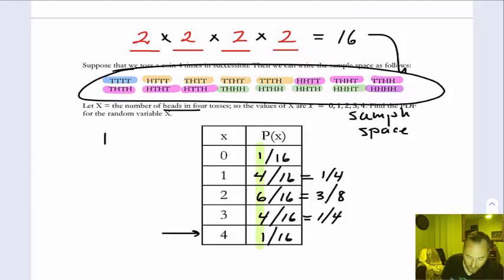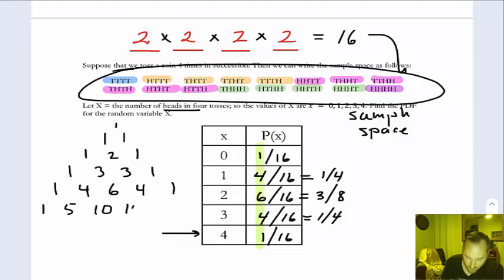Let me stack it here and do one more row. If you've seen this before, this is called Pascal's triangle, and it's evident that the numbers in Pascal's triangle happen to be the numerators for this case.